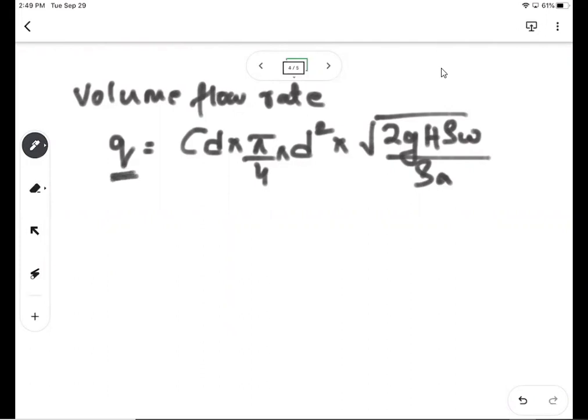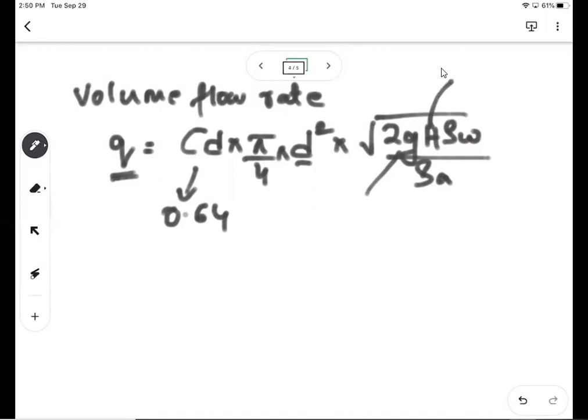CD is known as the coefficient of discharge, and its value is usually 0.64. For pi by 4 d square, the diameter of the orifice pipe is given as 16 mm, and g is 9.81. H is the difference of manometer height, which we get in meters.